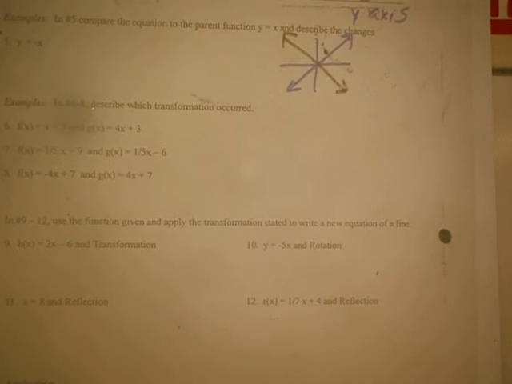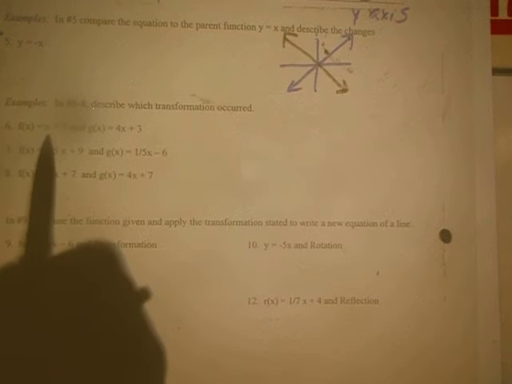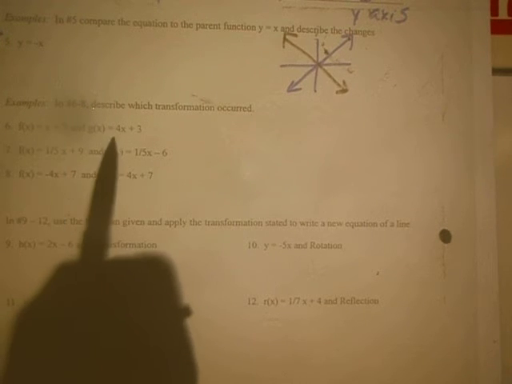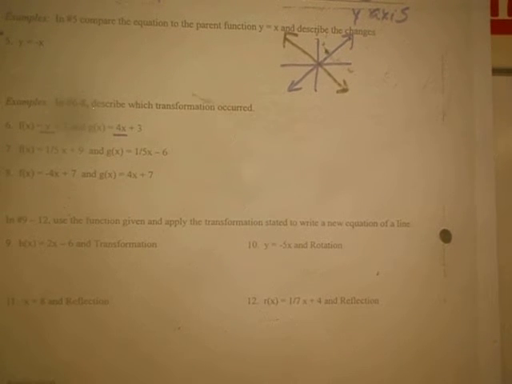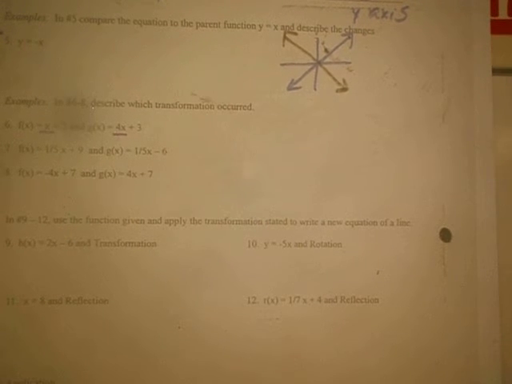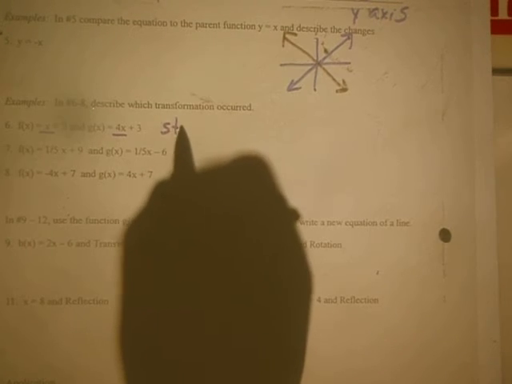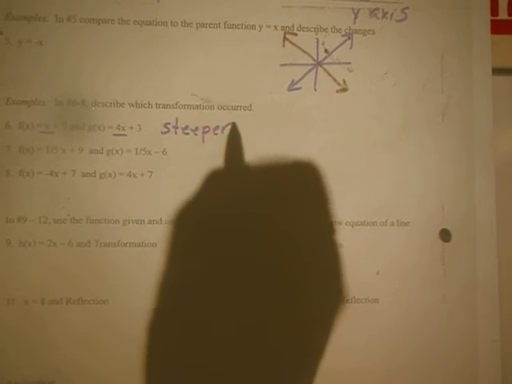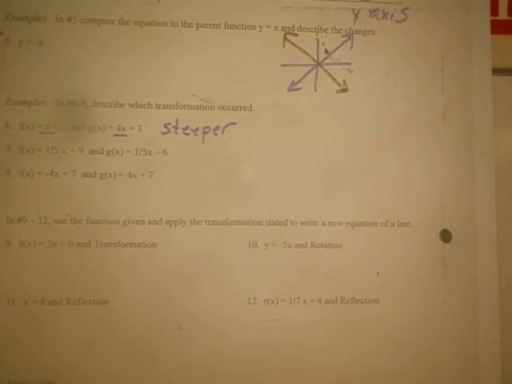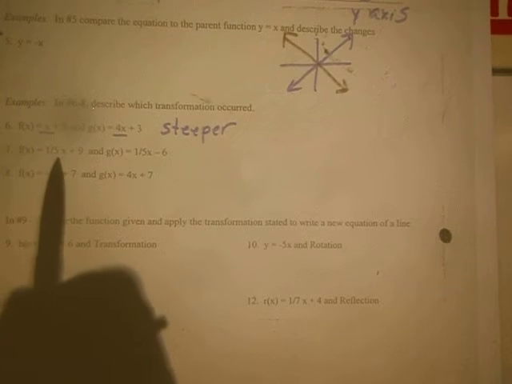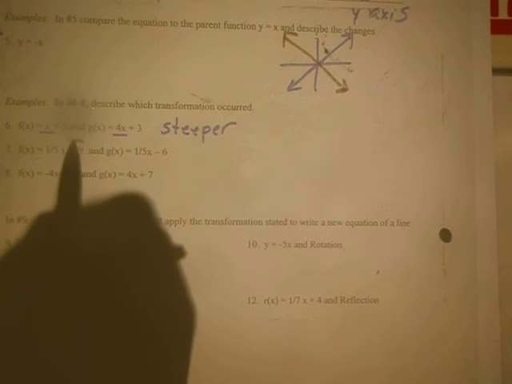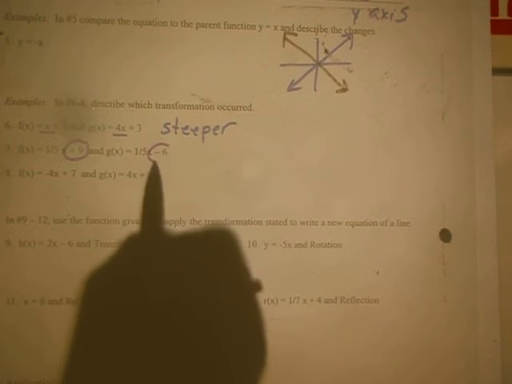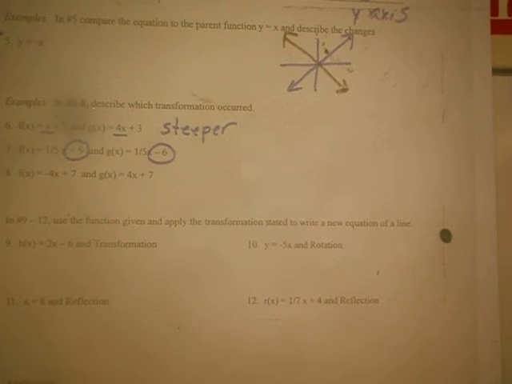Examples 6, 7, and 8 say describe which transformation occurred. We started with f of x equals x plus 3. We ended with g of x equals 4x plus 3. Our slope changed. It went from 1x to 4x. So this line is steeper. Number 7, f of x is 1/5 x plus 9, g of x is 1/5 x minus 6. We were at plus 9, and we are now at negative 6.